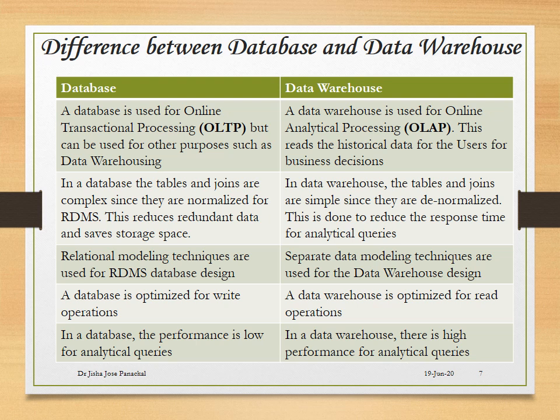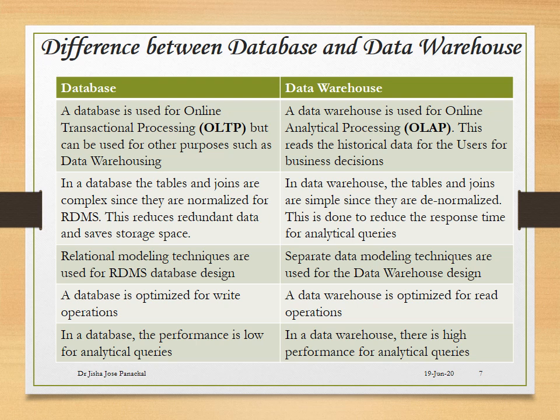I don't know whether you are aware that the normalization process also has a disadvantage, that is, it degrades query processing, or we can say that it will slow down the query process. So normalization is not done in the case of a data warehouse. In a data warehouse, the tables and joins are simple since they are denormalized. This is done to reduce the response time for analytical queries.